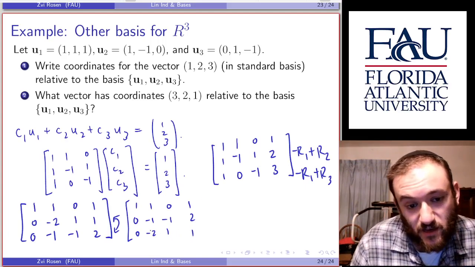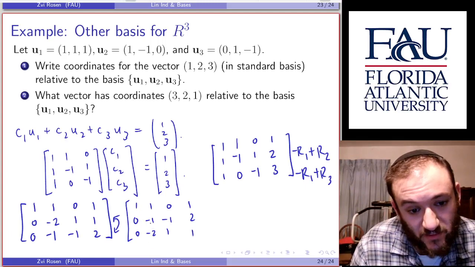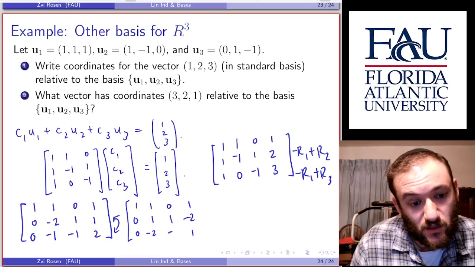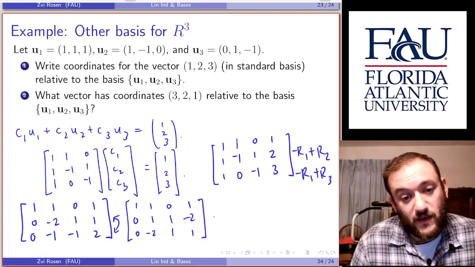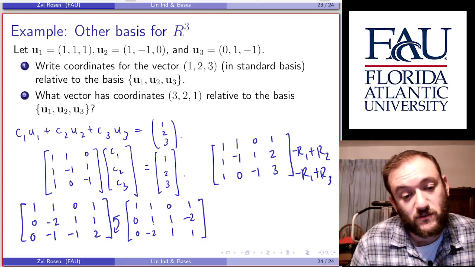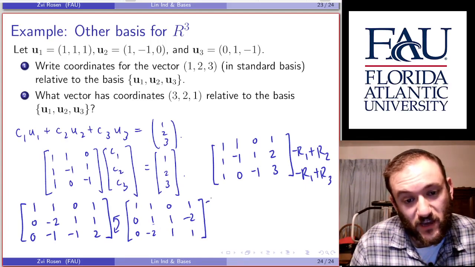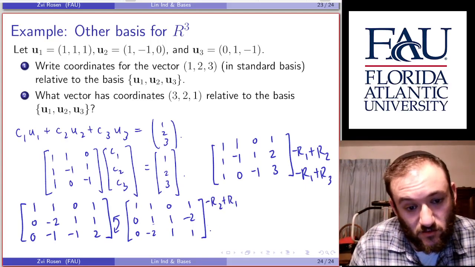Now I'm going to multiply this row by minus 1, so we get 1, 1, -2, and down here as before. And now I'm going to add minus row 2 to row 1, and I'm going to add 2 row 2 to row 3.